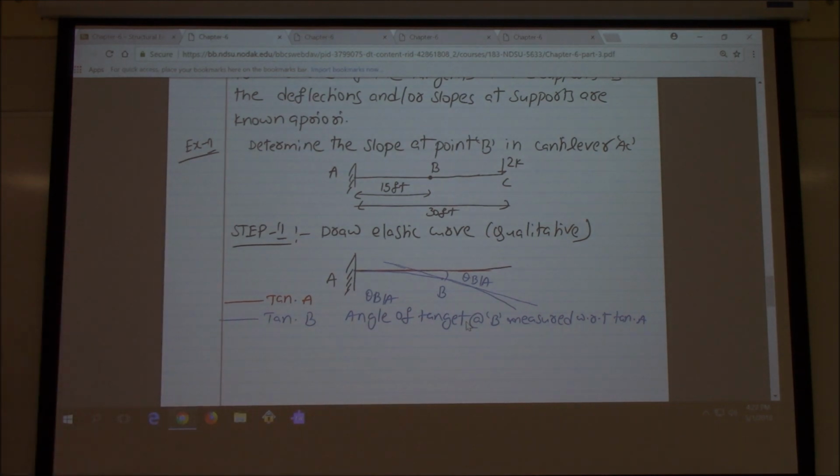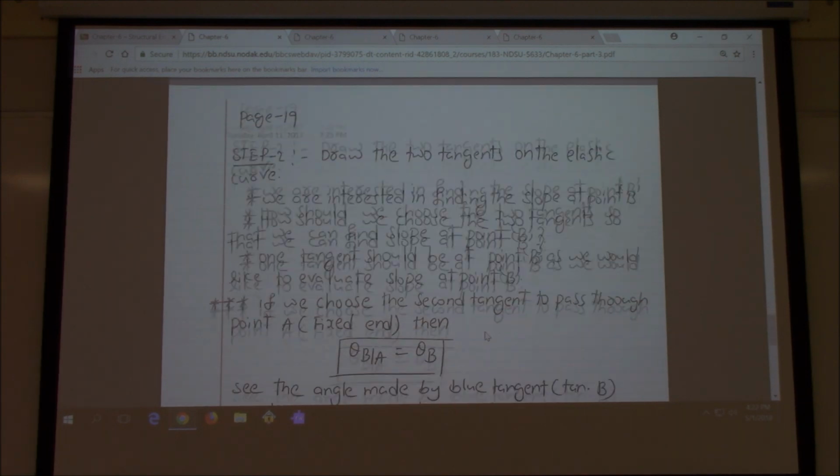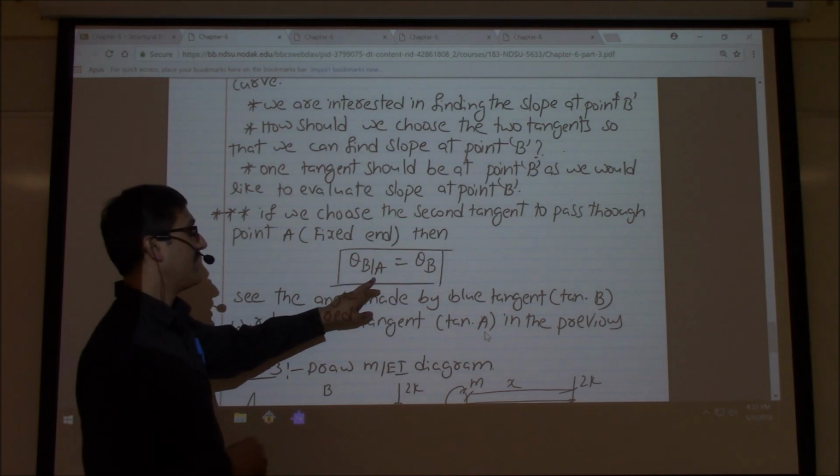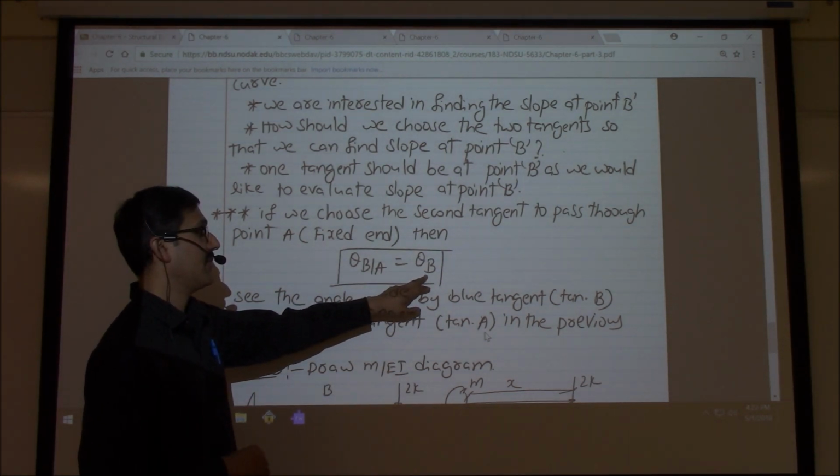So it turns out that our theta B by A is exactly the same as theta B.